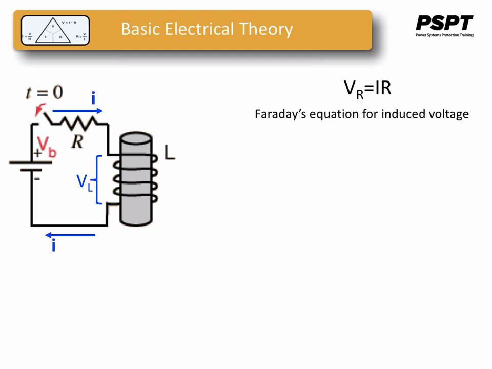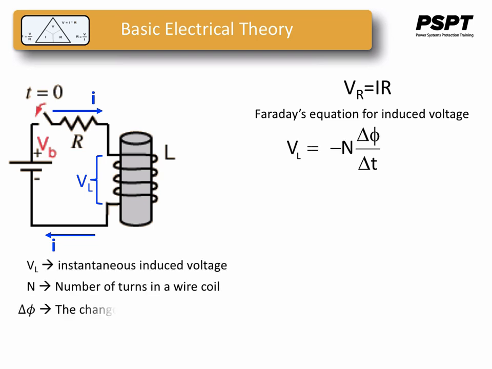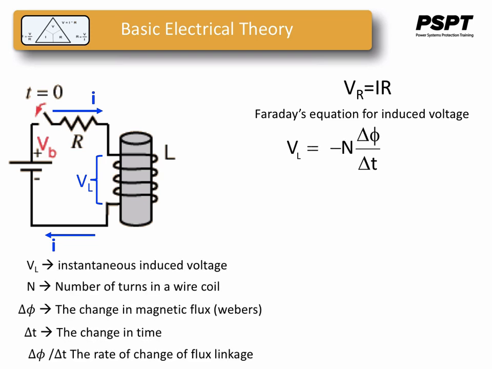It's Faraday's law of electromagnetic induction, and according to this law, the voltage across the coil will be given by this equation, where VL is the instantaneous induced voltage, N is the number of turns of the coil, delta phi is the change in magnetic flux in Webers, delta t is the change in time, and delta phi over delta t is the rate of change of the flux linkages.